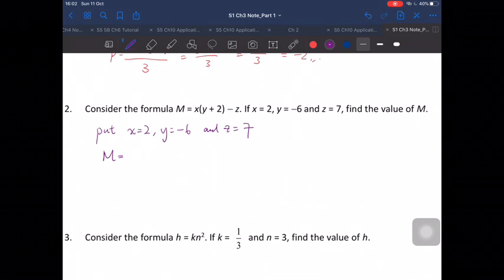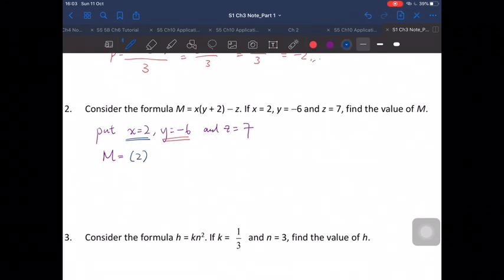Use brackets to represent substituting the number. Now I substitute x, which is 2, so bracket 2. Okay. Next part you will find that y is equal to negative 6.